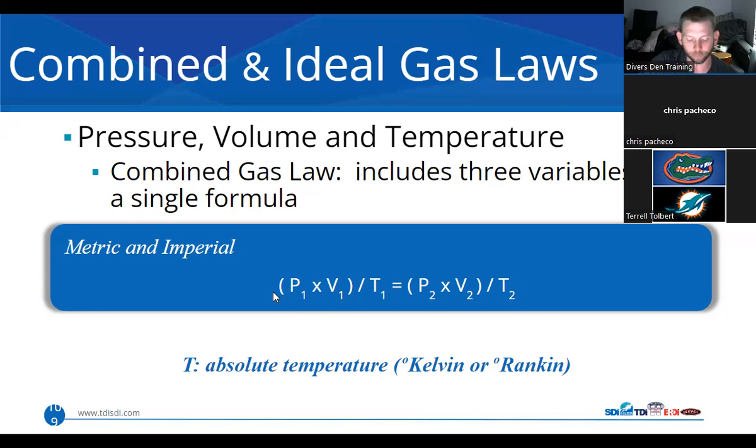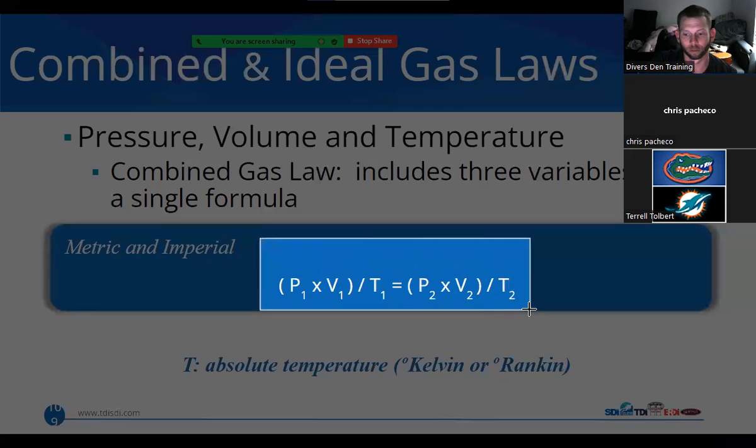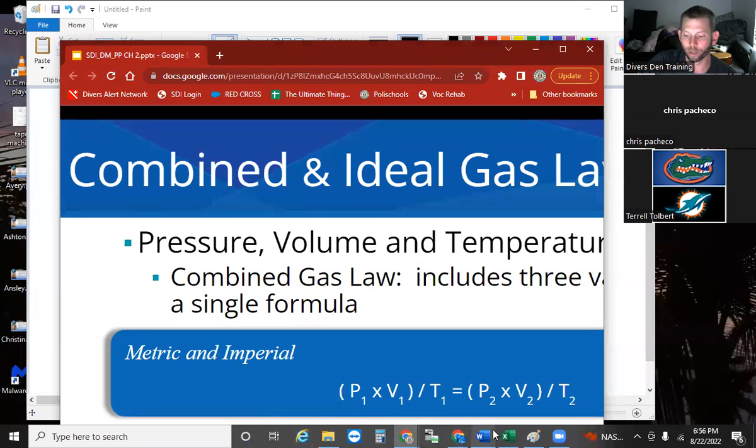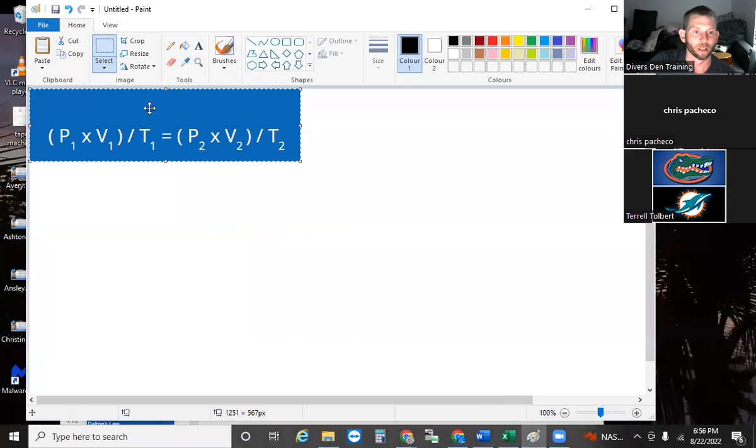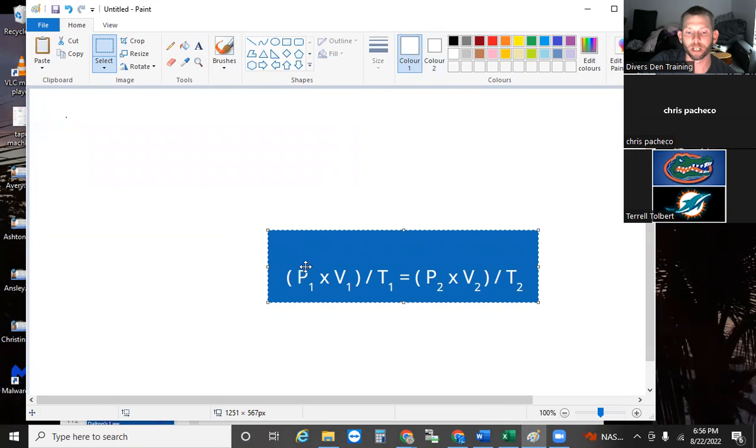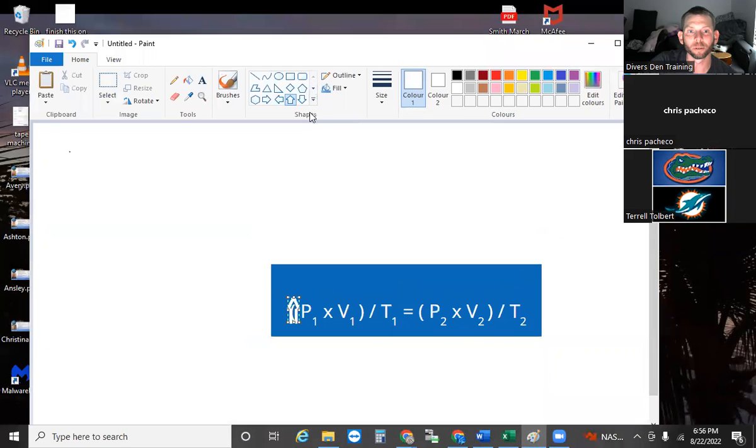So say for instance, my pressure goes up and volume in there, and this is going to move, and the rest of it stays the same, and this stays the same, and this stays the same.